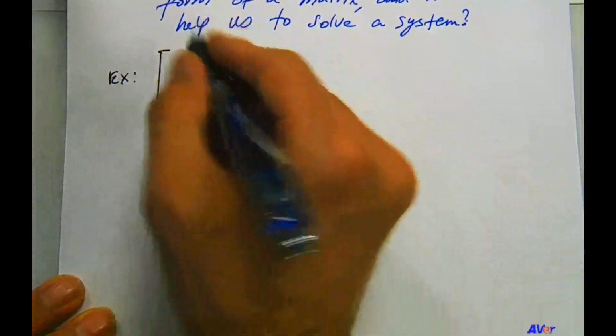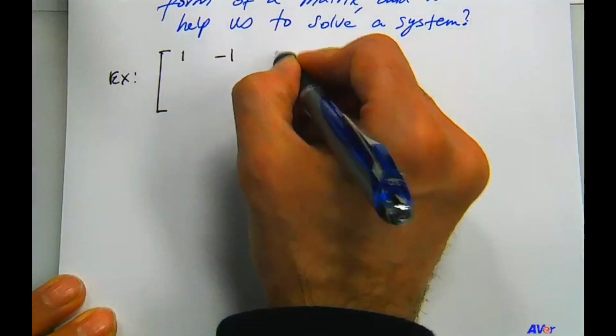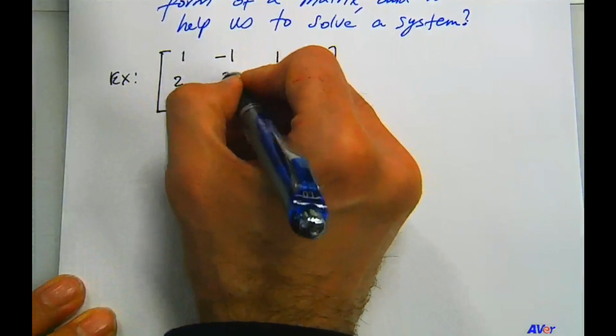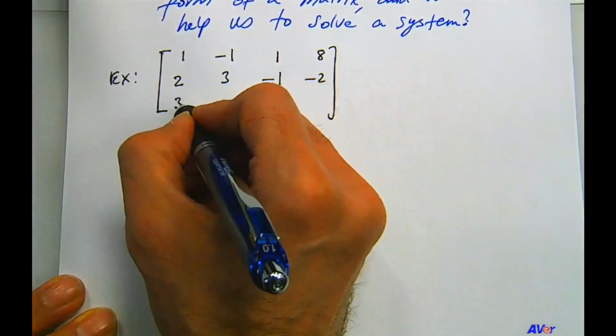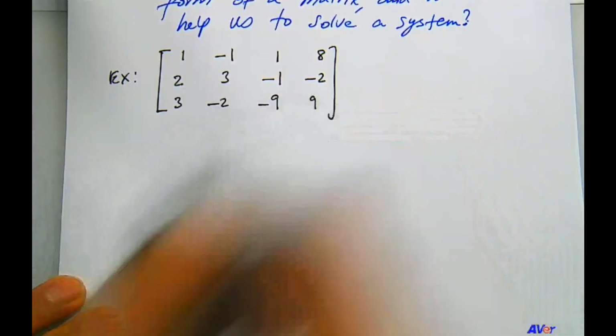We had 1, -1, 1, 8, and 2, 3, -1, -2, 3, -2, -9, and 9.